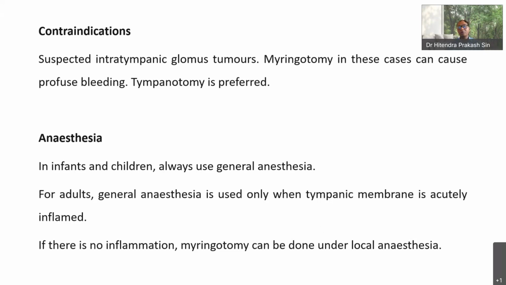So in those cases, myringotomy should not be done. At least you should be preoperatively evaluating the case to make sure the patient does not have a glomus tumor. In those cases, opening up of the whole middle ear, that means tympanotomy, is preferred.